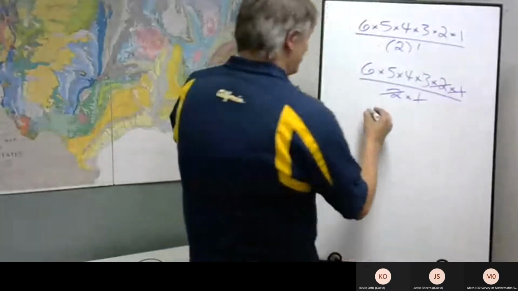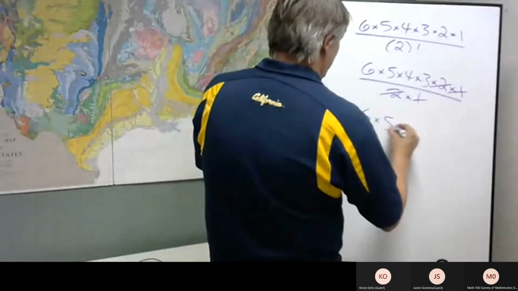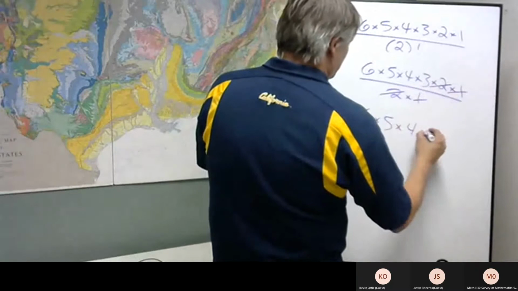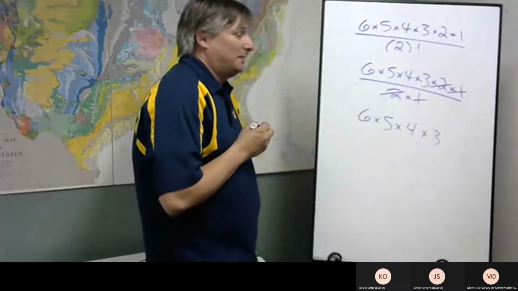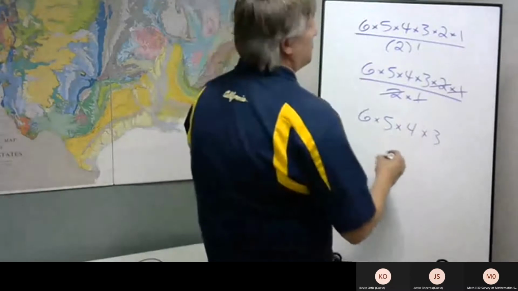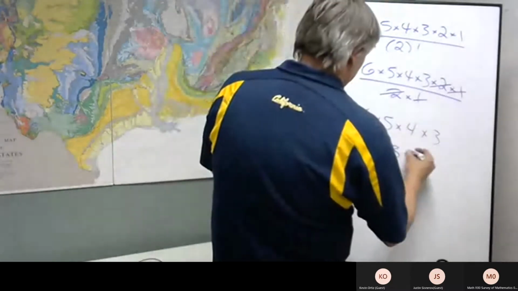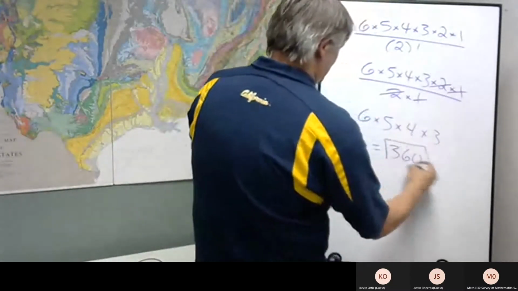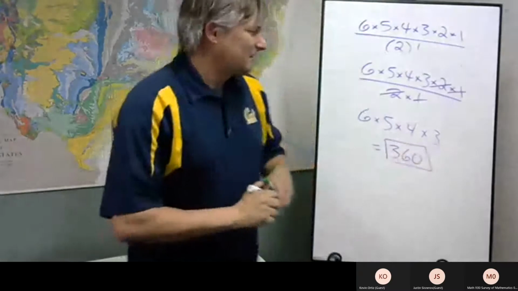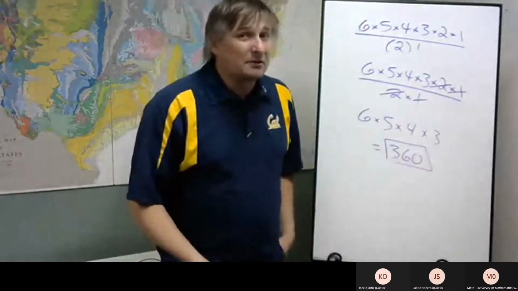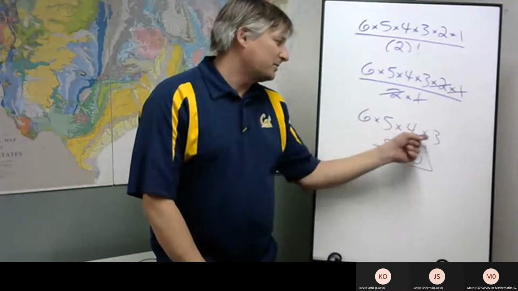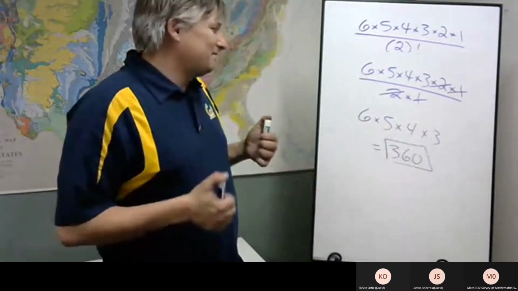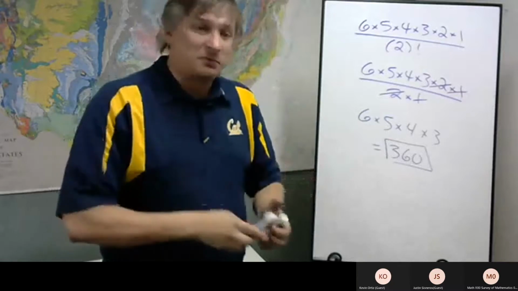And so we get our 6 times 5 times 4 times 3, 720 over 2, which is 360. Now, I'll be honest, the way we did it in the beginning, 6 choices, 5 choices, 4 choices, 3 choices, is a lot easier. But we'll stick to the formula though.